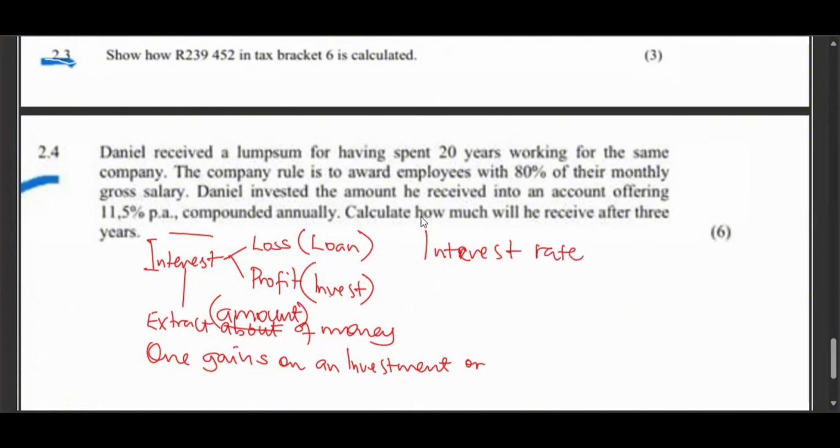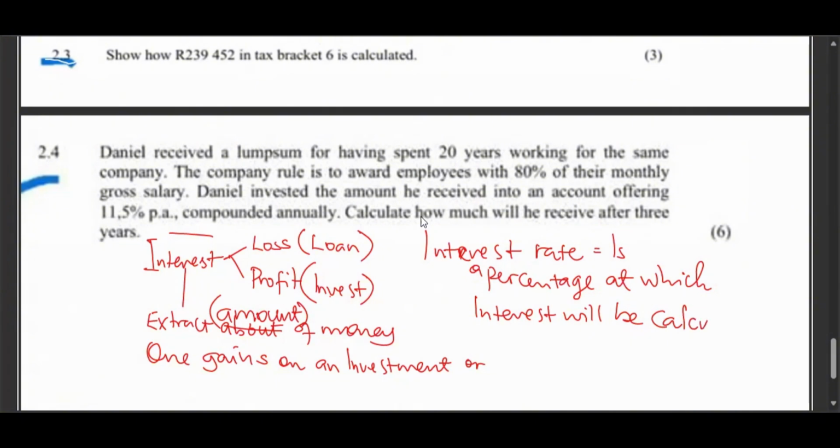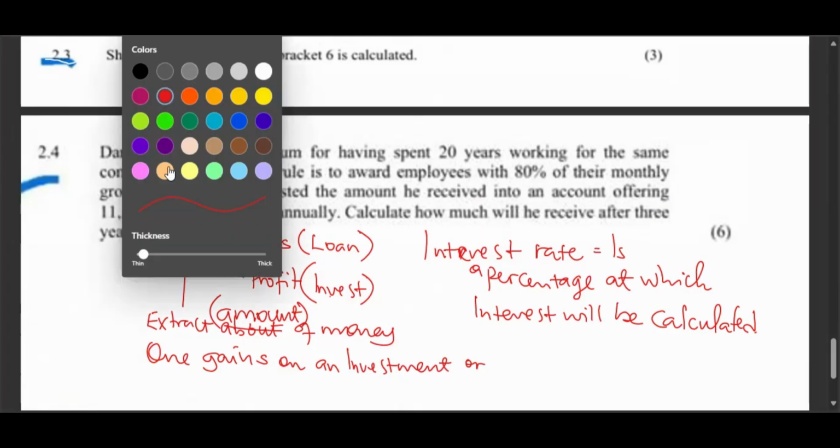Interest rate, what I want you to know is that it is a percentage at which the interest will be calculated. The percentage at which the interest will be calculated, it will depend.